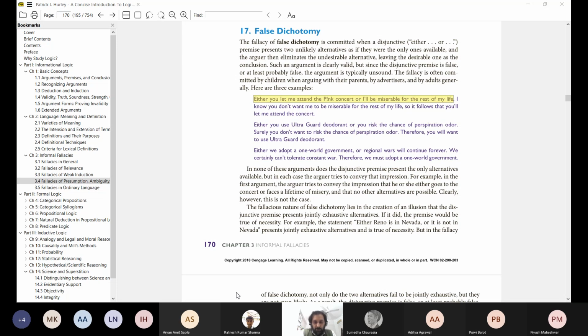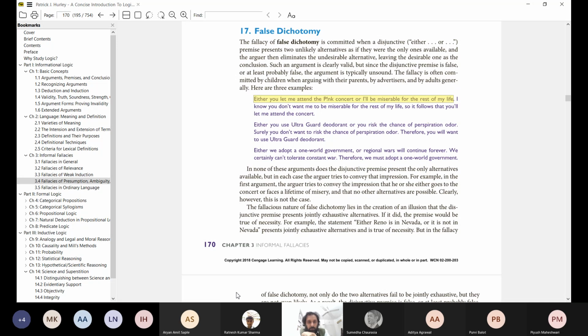A false dichotomy is when you're saying, look, there are only two options. And the point is to say, no, those are not the only two options. If you only had two options, then yes, if this option didn't work out, then this is going to happen. But it may well be in many of these cases that there are more than two options, and in the swing of the argument, one may not recognize that.